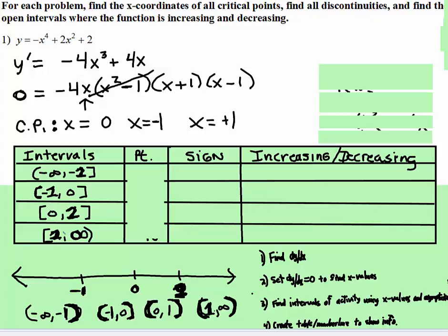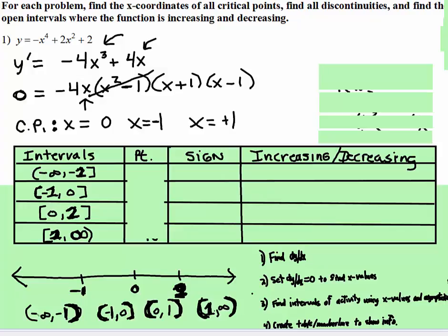Okay, those are our intervals, and now we have to choose a point within each interval, because when we choose a point, we're going to input the points into each of those x's, and whatever the sign is, that's what we're going to put here.